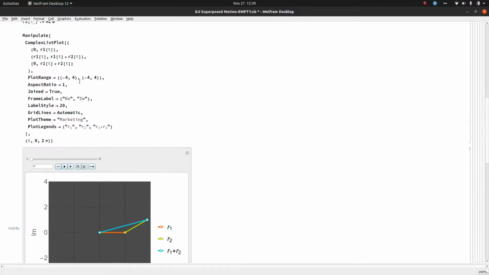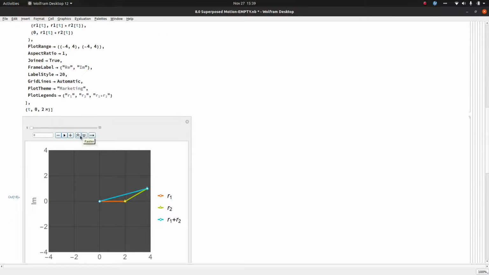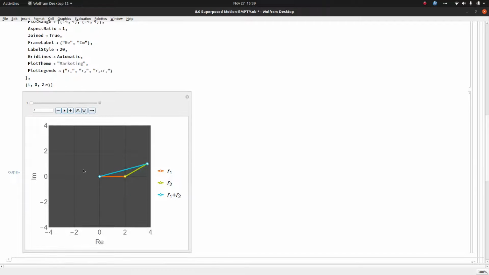Now, these vectors were all functions of time. And the simple harmonic motion that gets described is what you get when you project these vectors onto the real axis. So right now, R1 has a length of 2, whereas R2, the yellow-green, has a length that's a little bit less than 2, because you can see it starts at 2 and ends a little bit before 4.